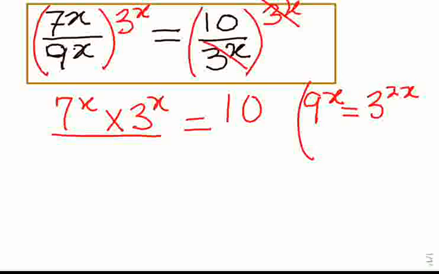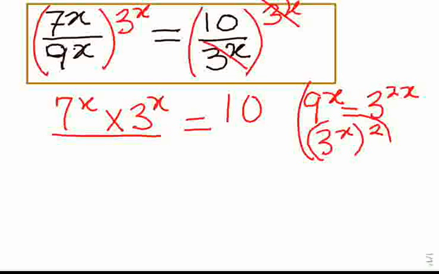Now that 3 raised to power 2x can still be written as 3 raised to power x all squared. Remember the rule of indices. These two powers can multiply themselves, and then it will take us back to the 2x. So the 9 raised to power x is changed to 3 raised to power x all squared.